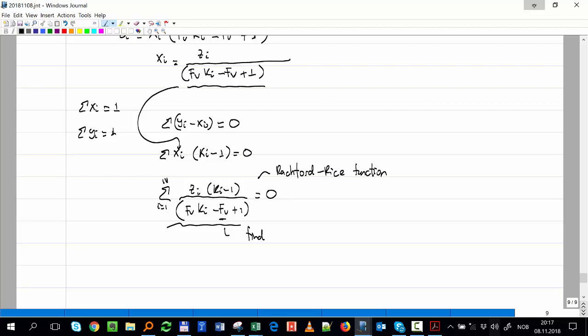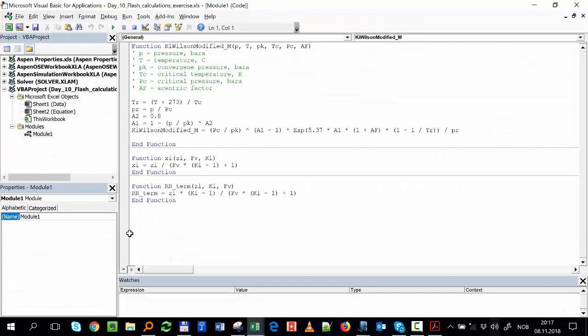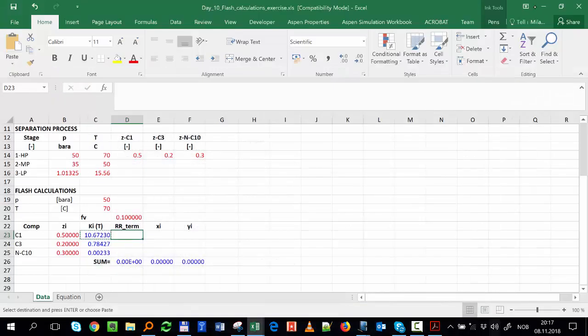The sum has to be equal to 0. You see here, that's the mole fraction of vapor, and that I have to assume. That's the number I have to change with Solver, so we have 0.1 as a starting point. So let's see, how do we call the Rachford-Rice function? It's called Rachford-Rice term, RR term, so that's how we have to call it.